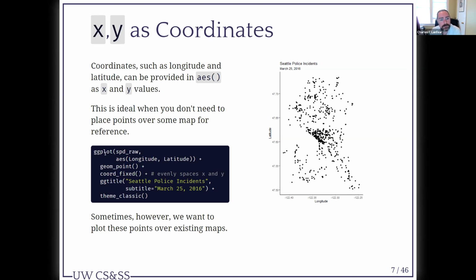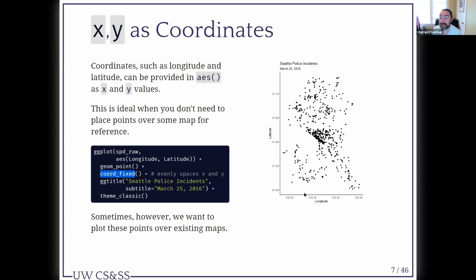So here I say ggplot, take my SPD raw data, aes, x is longitude, y is latitude, throw a geom_point on there. coord_fixed is a useful thing to put on some types of plots. What coord_fixed does is make it so on the plot you can see here, there's an equal distance between a one-point unit on this axis and a one-point unit on this axis.